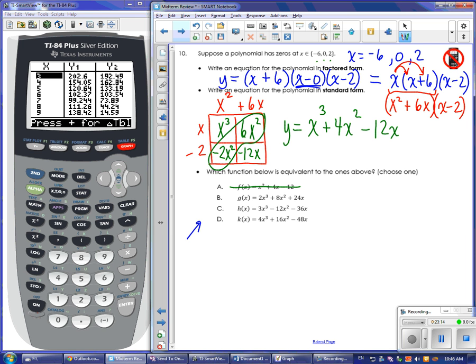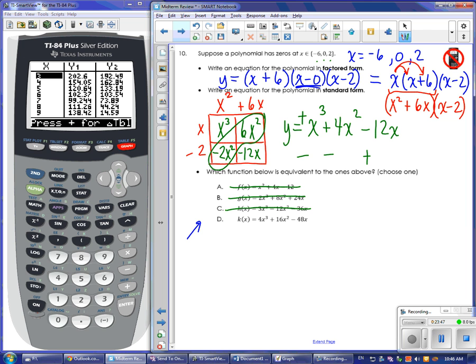So notice my first term is positive, my second term is positive, and my third term is negative. So I can eliminate anything that doesn't have the same pattern, or an opposite pattern. So if it went negative, negative, positive, that would actually be okay. But if my signs switch, then I know, for example, letter B, where everything is positive, I can eliminate that option. In fact, if I look at example C, where everything is negative, I can also eliminate that option.